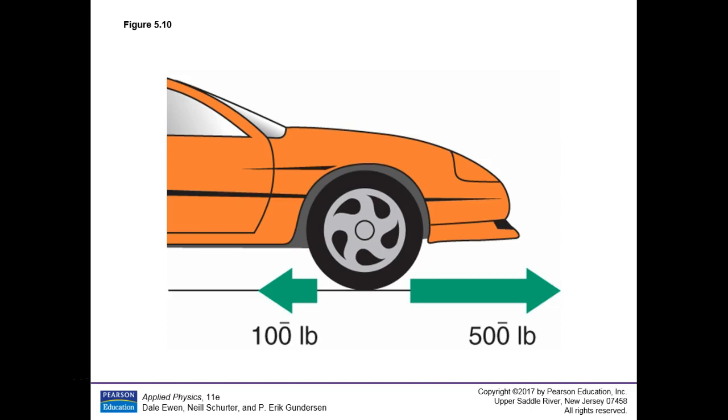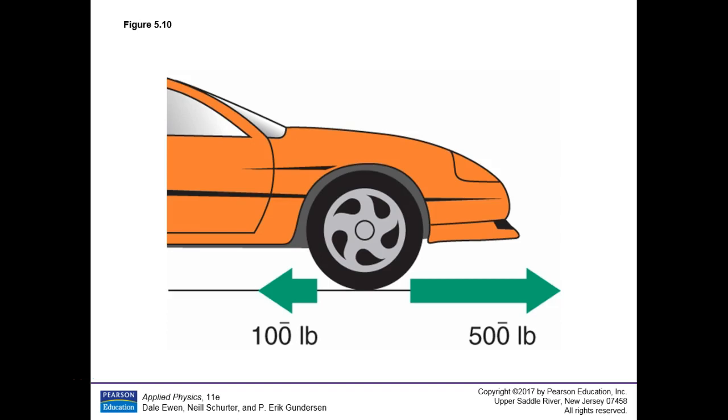So if you were showing this in Newton's third law, the tire is pushing on the road with a net force of 400 pounds, and the road's pushing on the tire with a net force of 400 pounds. Action, reaction always are equal, but they're always on different objects. So this is a net force issue here.